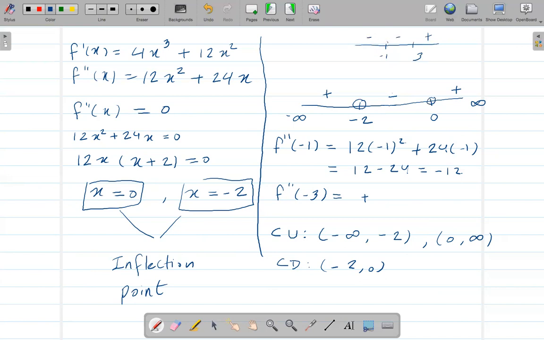That means this is not an inflection point, because there's still concave downward on both sides. But here, yes, because we see the sign change. So you got an idea how to find the inflection point and concave upward and concave downward.